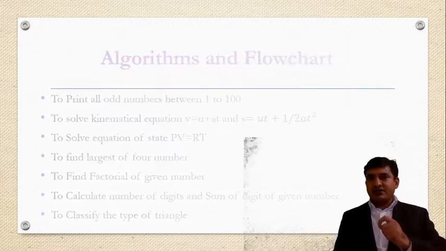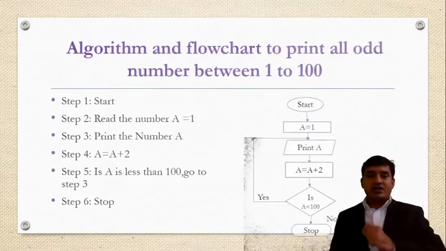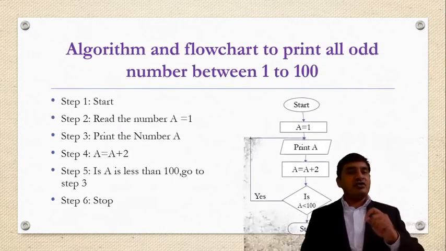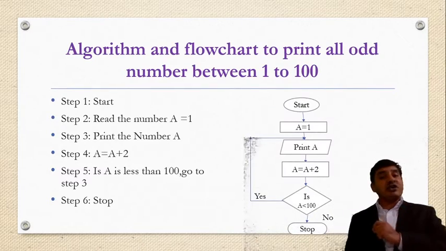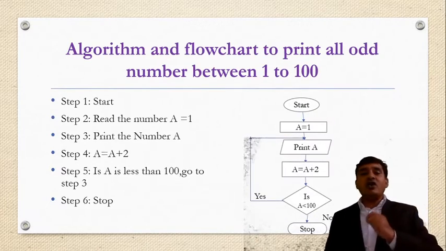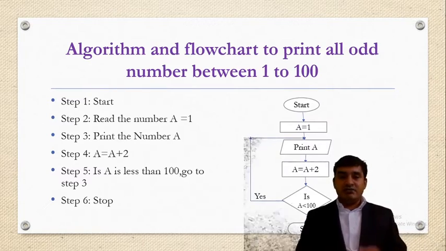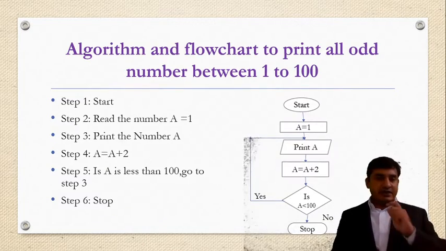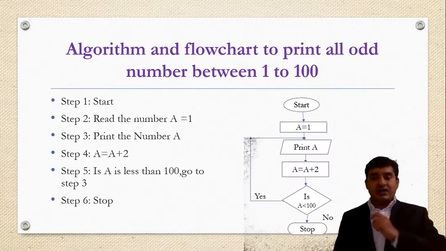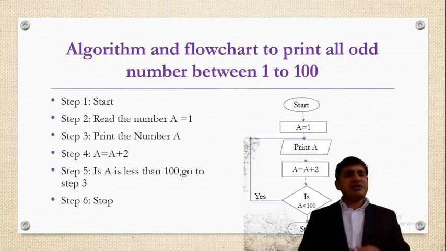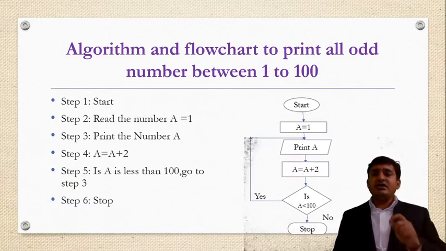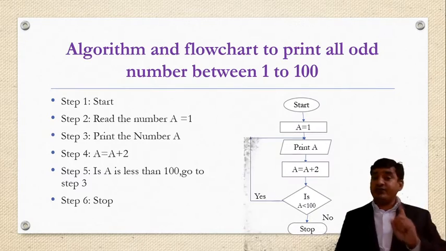So first, algorithm and flowchart to print all odd numbers between 1 to 100. First step is start. Step second is read the number a is equal to 1. This is the first odd number.